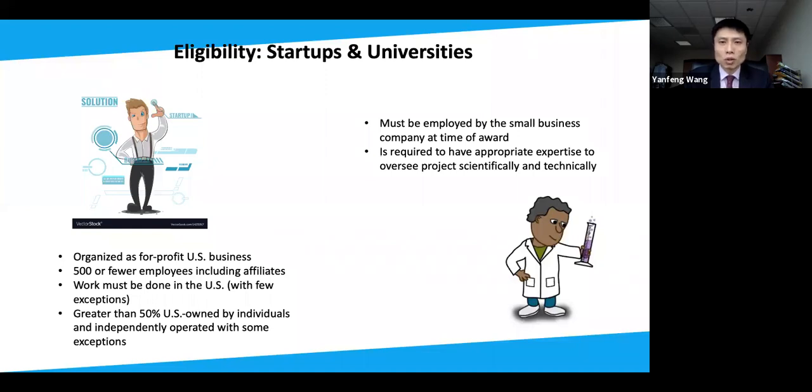That could be an issue, because it is unlikely you can establish yourself as a full-time employee of the company, because you are working full-time for the university. You do need to show that you have expertise in the field and that you are capable of implementing the project. Therefore, your resume will be included in your application. It is not required that you have an advanced degree like a PhD or MD.